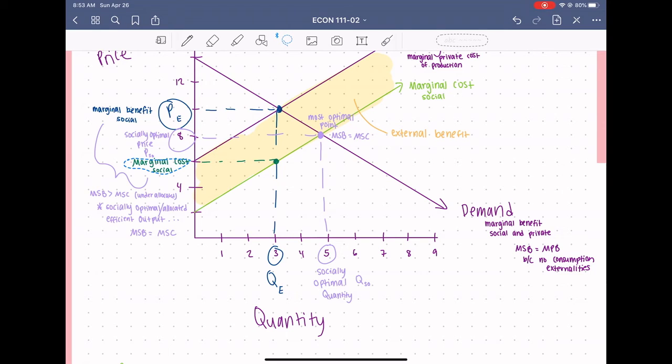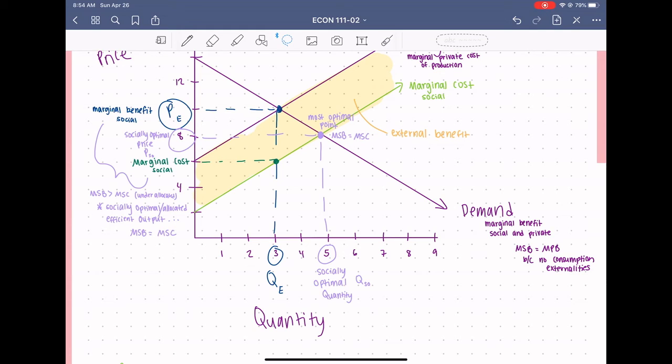And basically, when we're looking at this graph, our marginal social benefit is greater than our marginal social cost, which means that our resources are underallocated, which makes sense because what firm wants to make more of something that has benefits they can't charge for? Because they can't charge us for CO2 being less in the atmosphere.